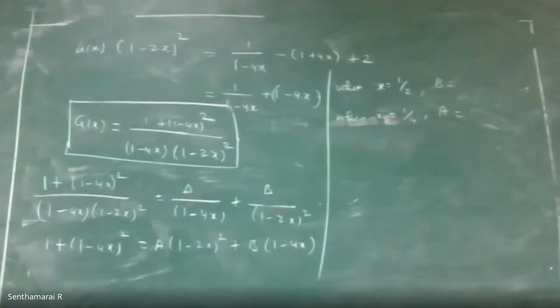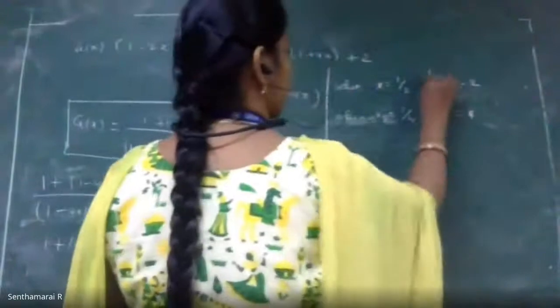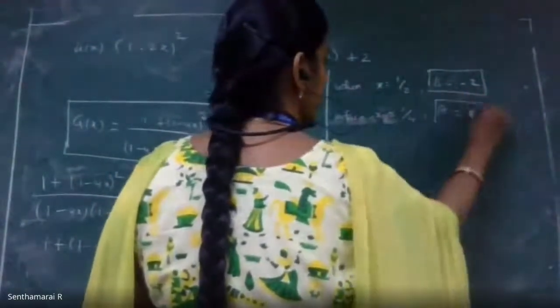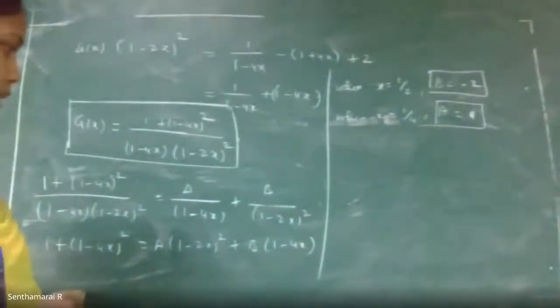A is equal to 1, B is equal to minus 2. B equal to minus 2, A equal to? A is equal to what? 4. A equal to 4, B equal to minus 2 are correct. So B answer is correct. Minus 2, B is minus 2, A is 4.